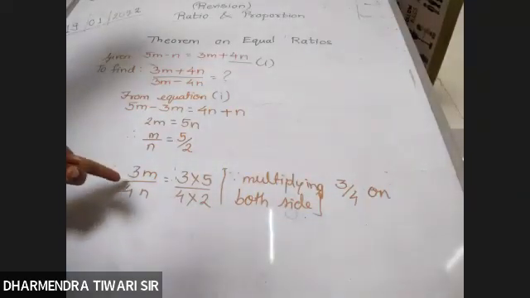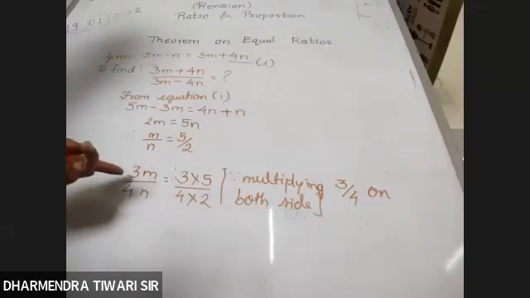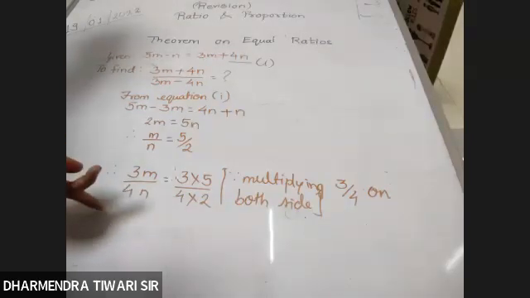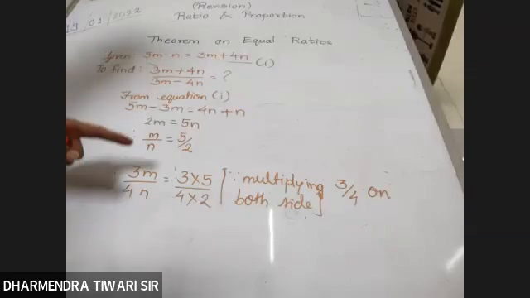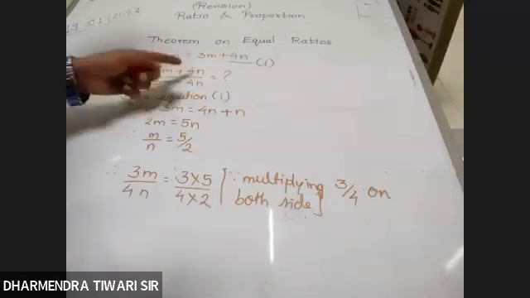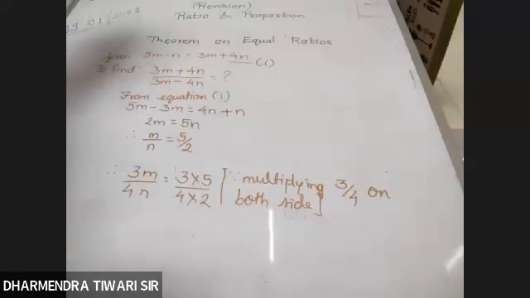So 3m upon 4n. Why are we intending to get 3m upon 4n? Why not 4m upon 3n? Because we can see that along with m, the number was 3. So my intention was to get 3m, and along with n, we were having 4. My intention was to get 4 again. So this is like common understanding.